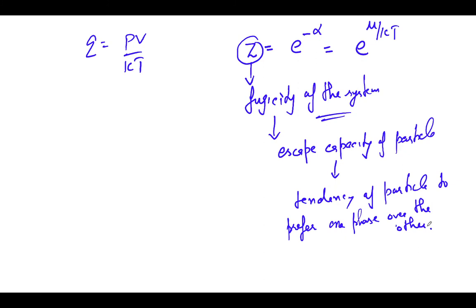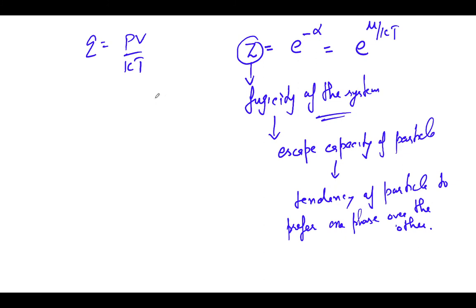So the particle will always tend to move towards that direction where the escapability is least. This fugacity is analogous to partial pressure when we apply thermodynamics to any non-ideal gas, for any component.